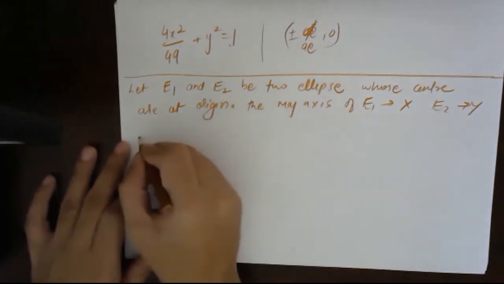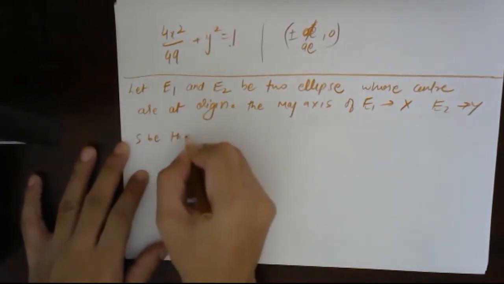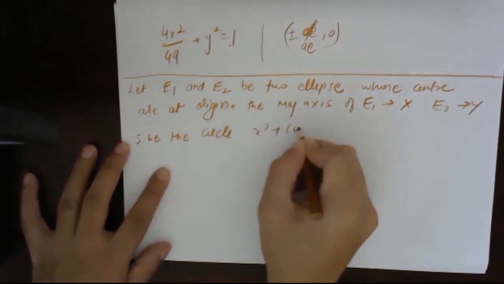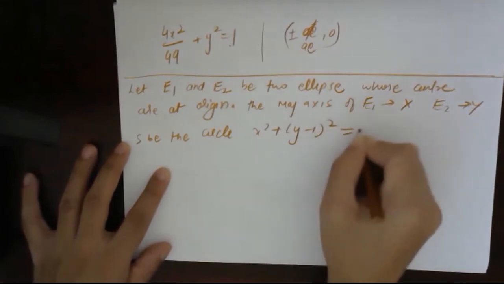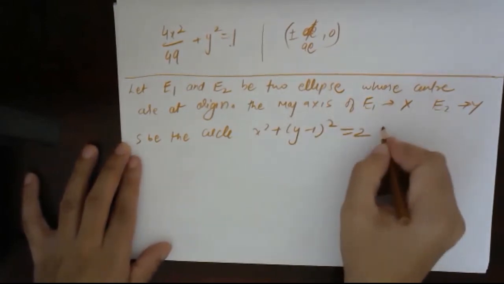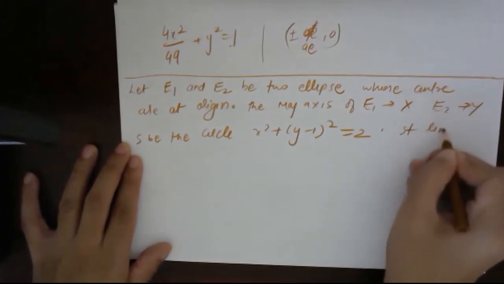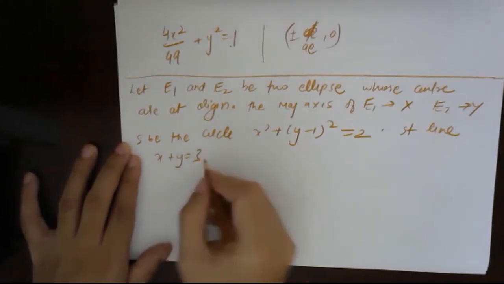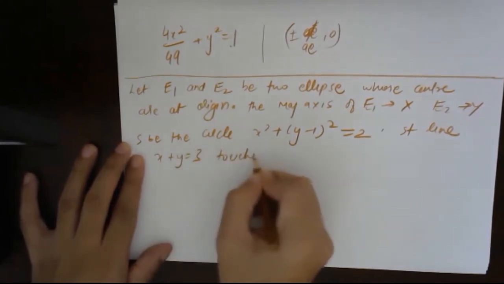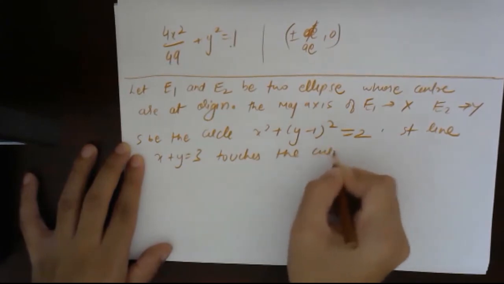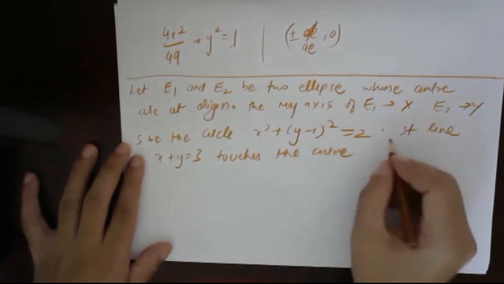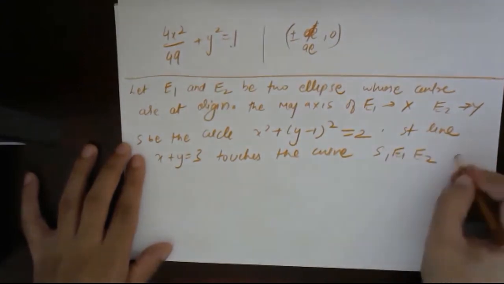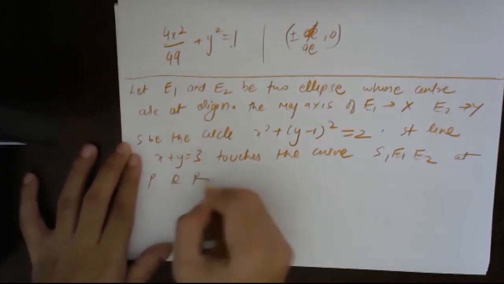If S be the circle x square plus y minus 1 whole square is equals to 2, और the straight line x plus y equals to 3 touches the curves S, E1 and E2 at P, Q, R respectively.